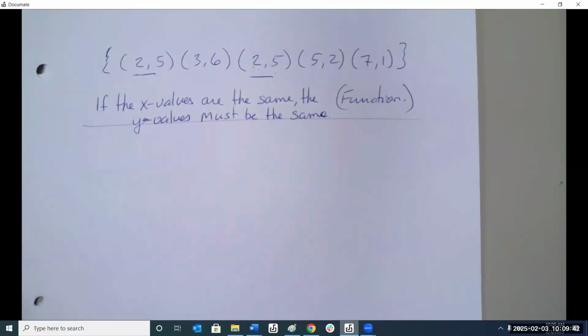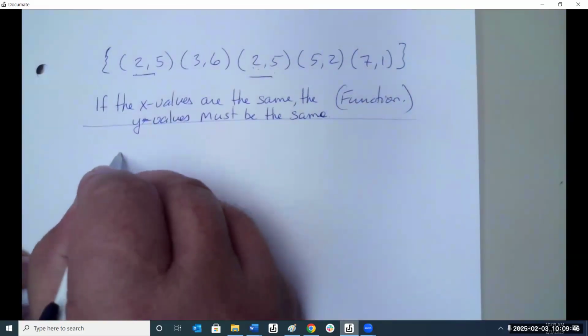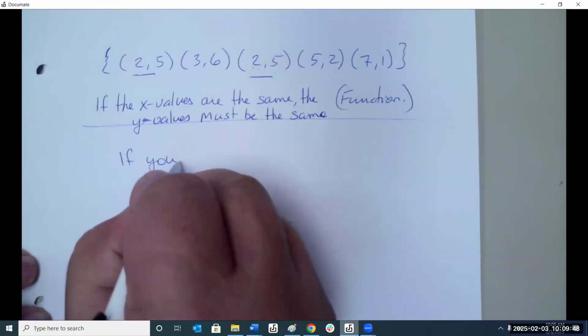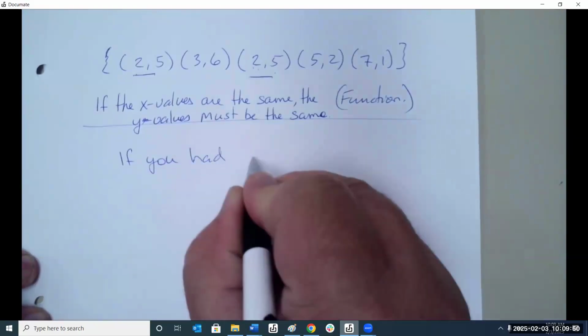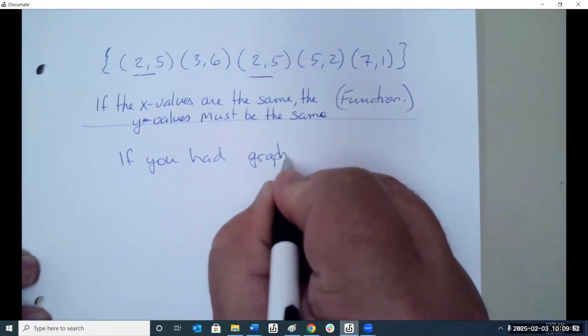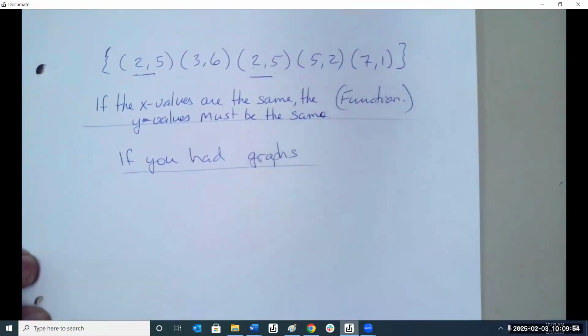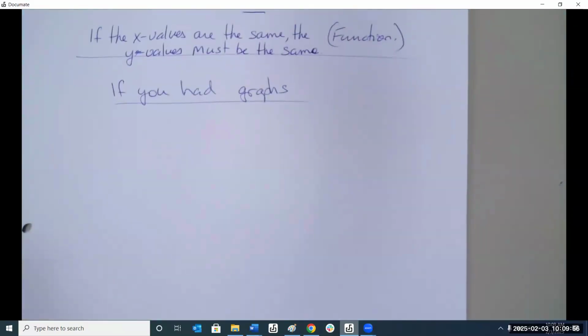How about graphically? What would it look like if it was graphs? If you had graphs, what would a function have to look like? What would have to be true about a function? What about the graph is true for functions?